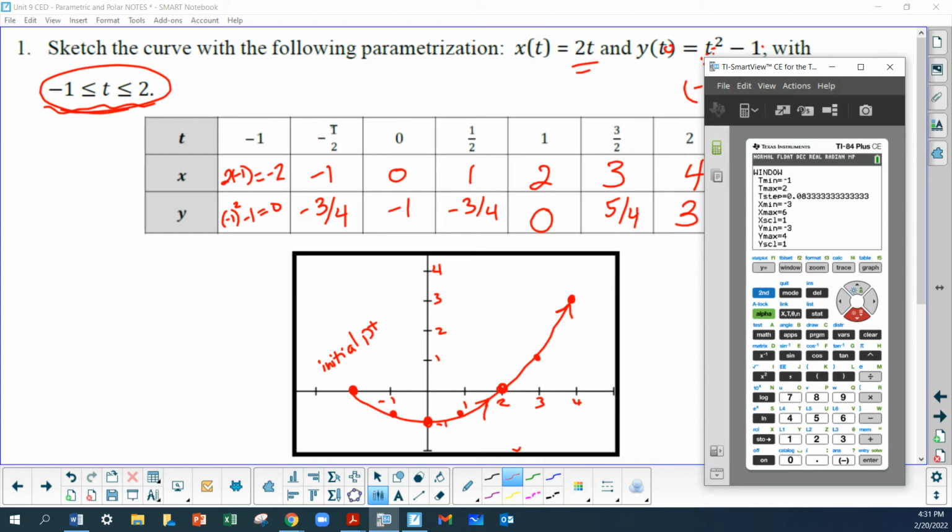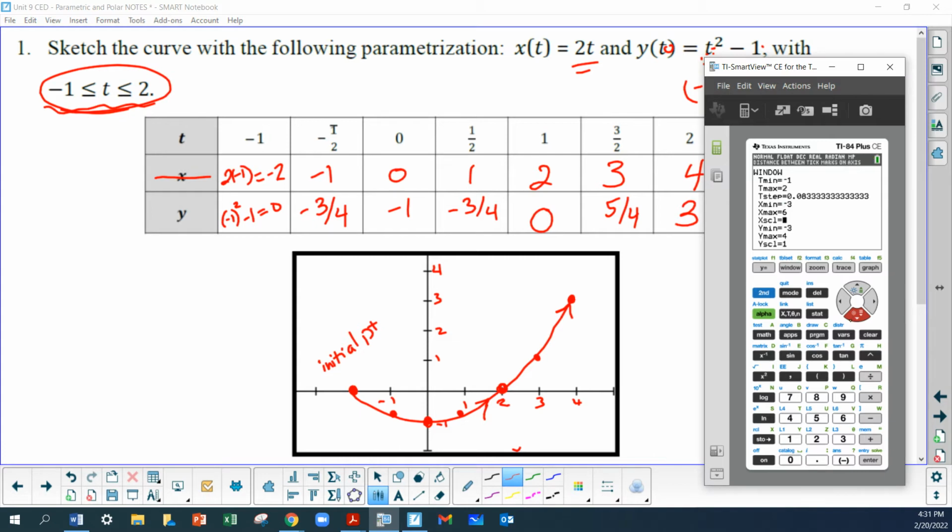I let the t step go by 1/12, I think is what I keyed in, just so I would get a fair amount of dots plotted, rather than just counting t by ones, which would only plot a few spots, like it would have been those dots that we've plotted on our paper. And then for x min, just looking over our x values, I just said, well, hey, we never went lower really than -1, but I put in -3 to 6 for my x values.